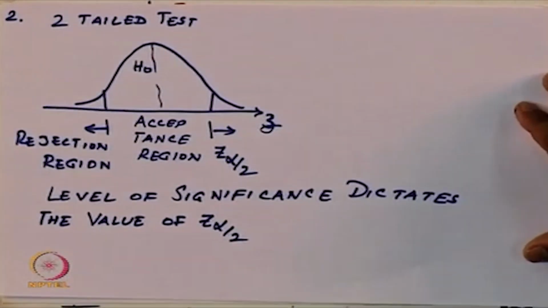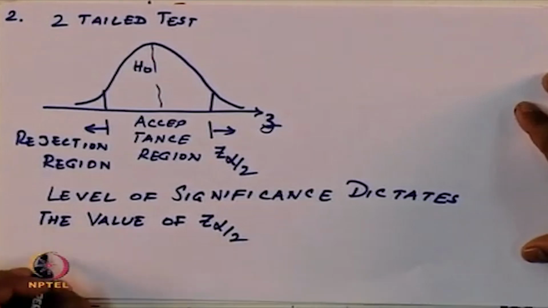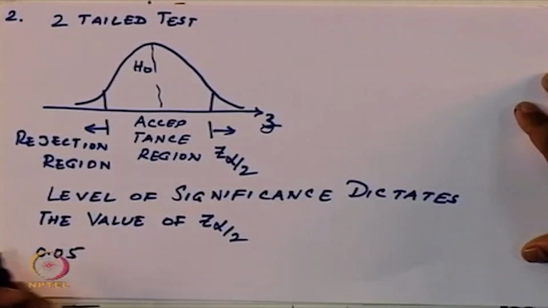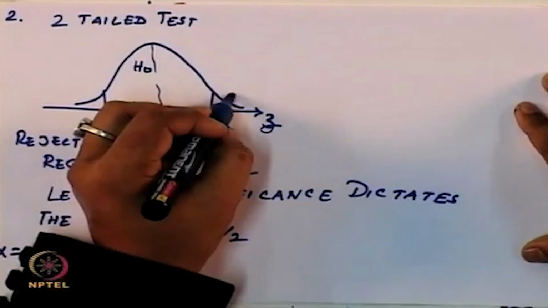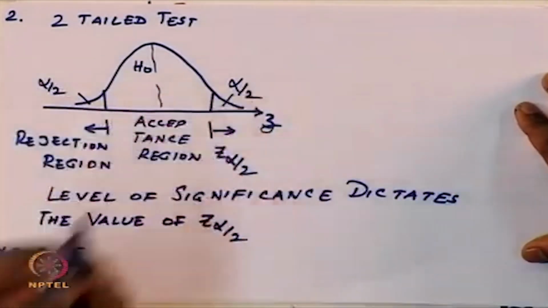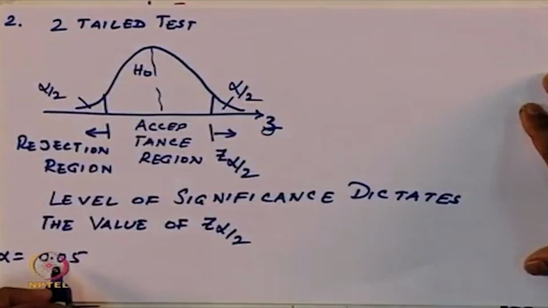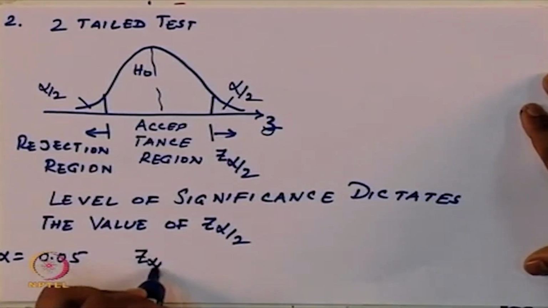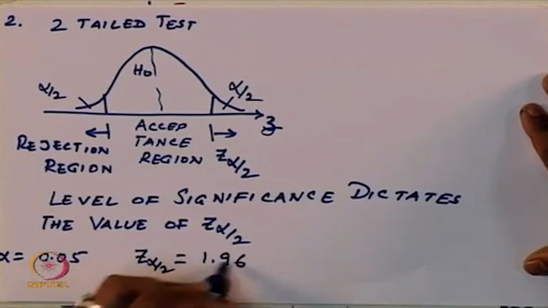And what we know is, alpha is nothing but the total area under the curve, so both of these areas are alpha by 2. If alpha is 0.05, z of alpha by 2 is 1.96.